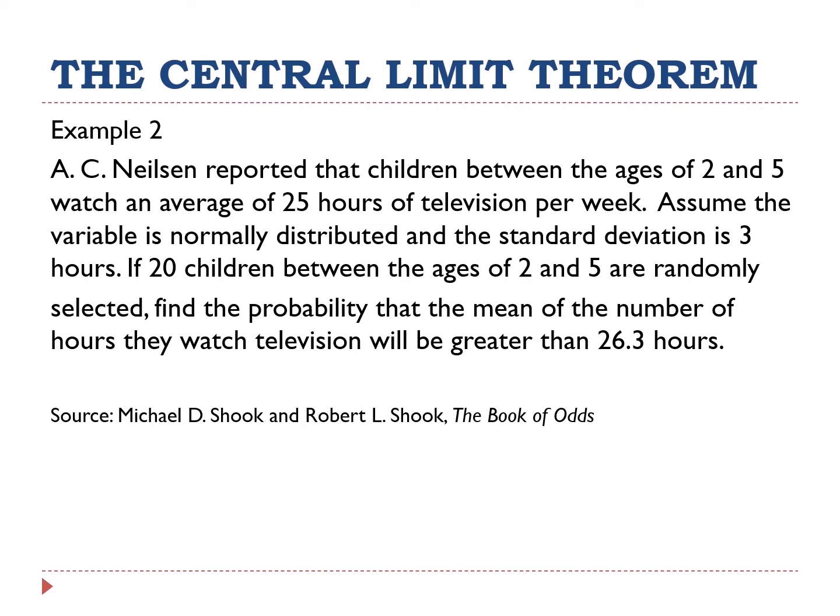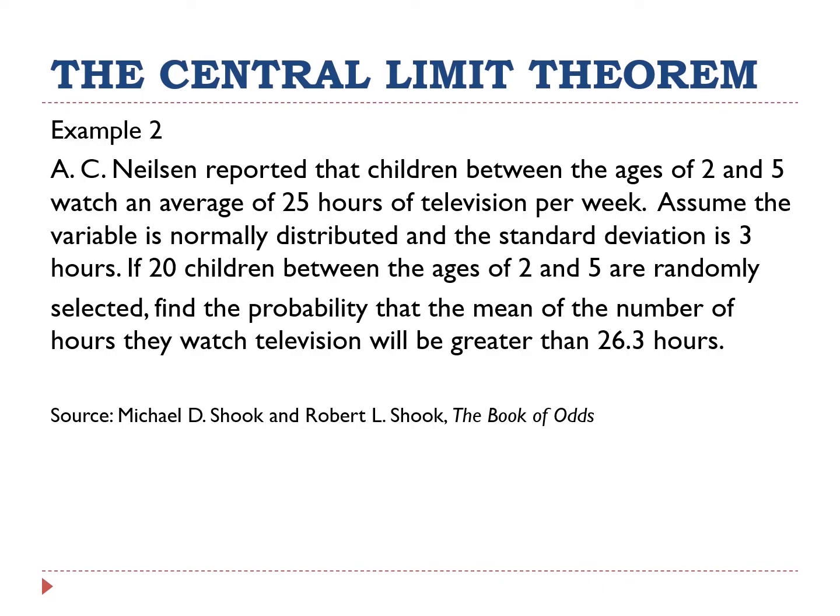If 20 children between the ages of 2 and 5 are randomly selected, find the probability that the mean of the number of hours they watch television will be greater than 26.3 hours.